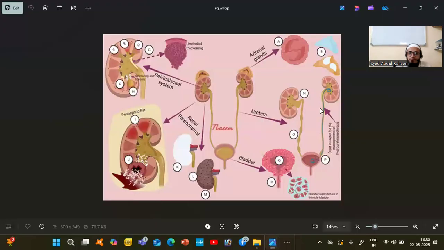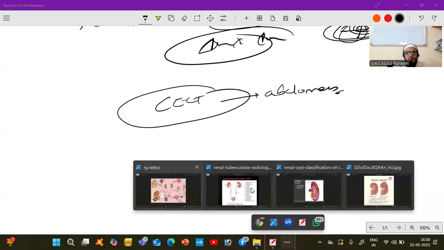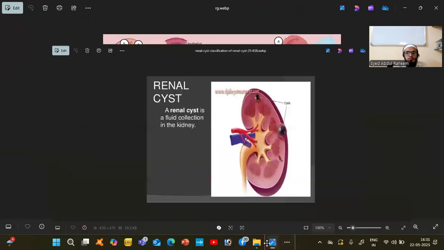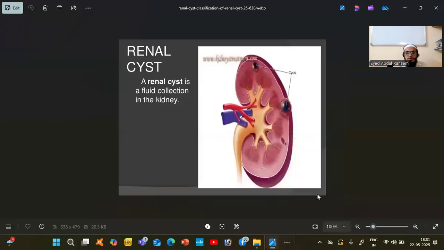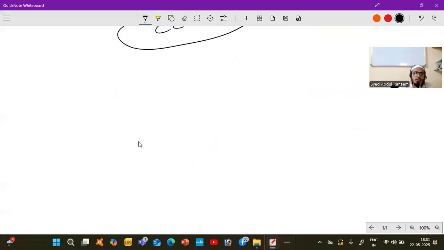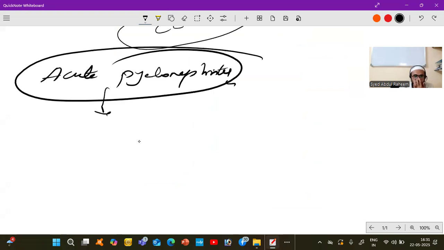Next, in second place, the next common disease is acute pyelonephritis. This is a kidney infection.